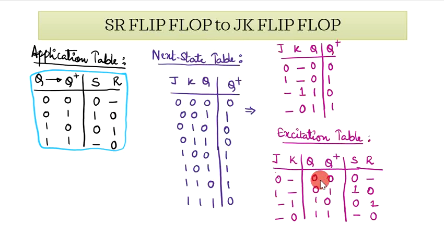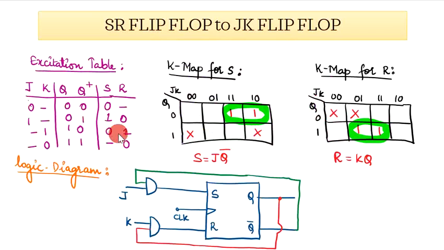Looking at the variables Q and Q plus, I am going to write S and R. From this excitation table, I will obtain the K map for S and the K map for R. I am going to map the min terms and the don't care terms.